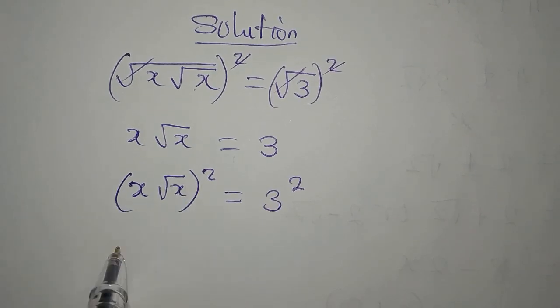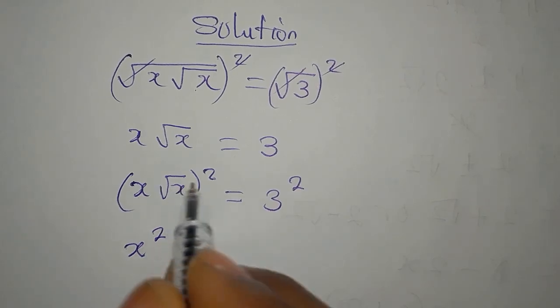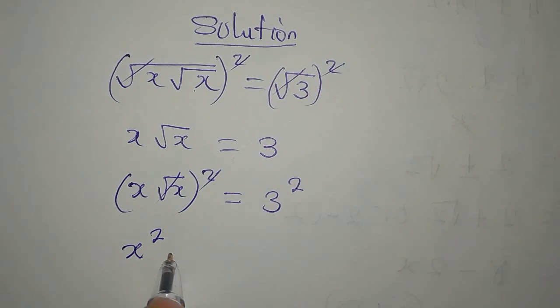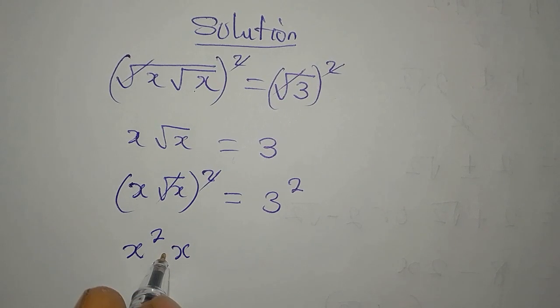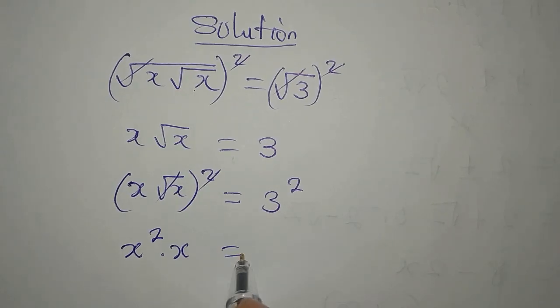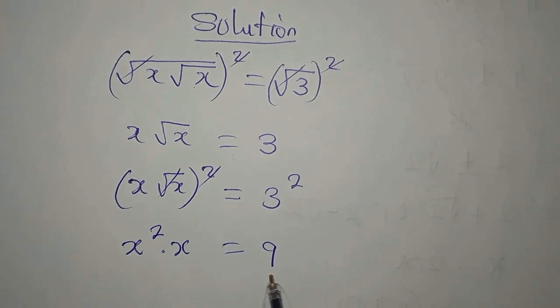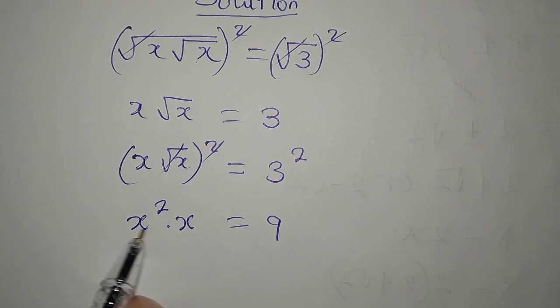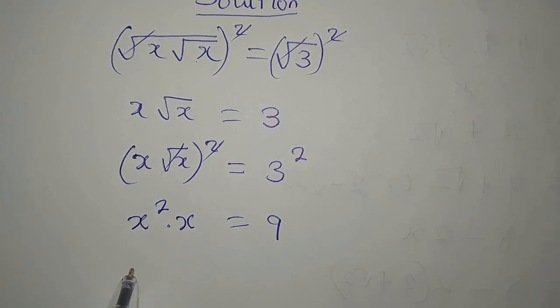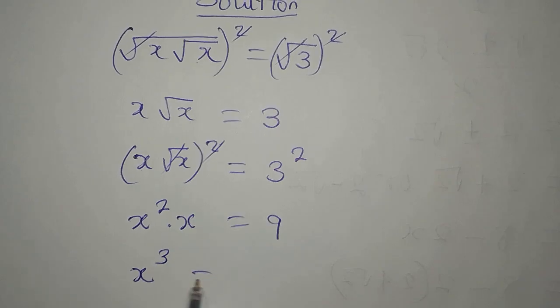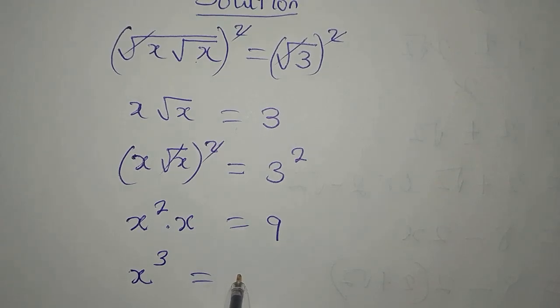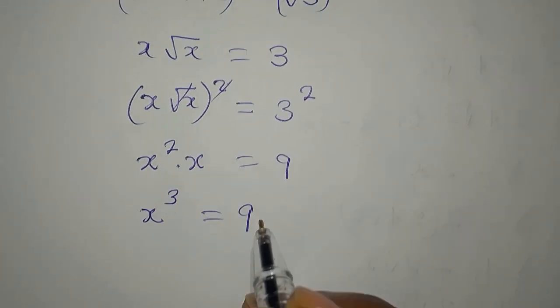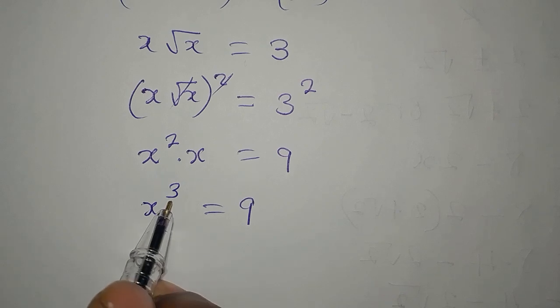Now x squared is going to be there, then this will go with this, and we have to multiply by x, and everything is equal to 9. So from here again, what do we do? We multiply this and we get x to the power of 3 equals 9.